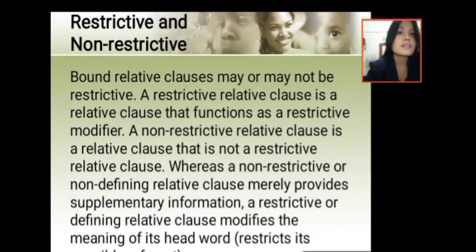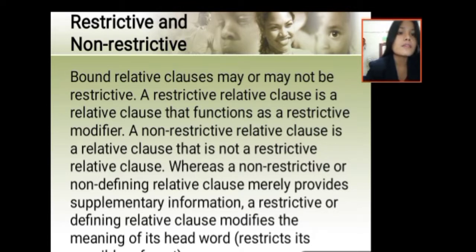Okay, next, restrictive and non-restrictive. A relative clause may or may not be restrictive. A non-restrictive or non-defining relative clause merely provides supplementary information.